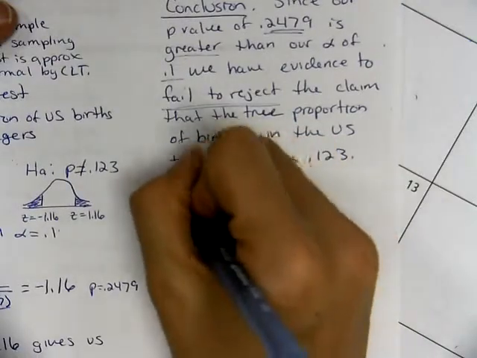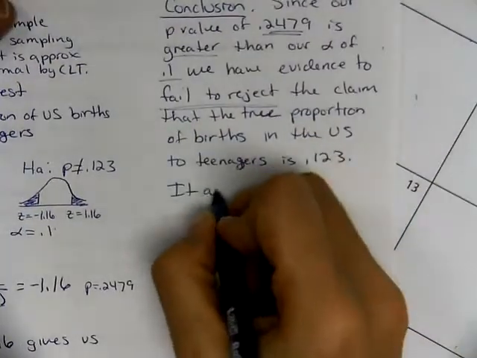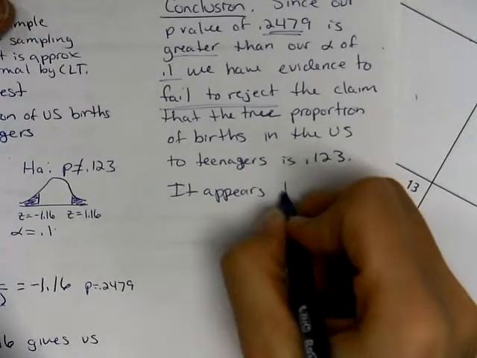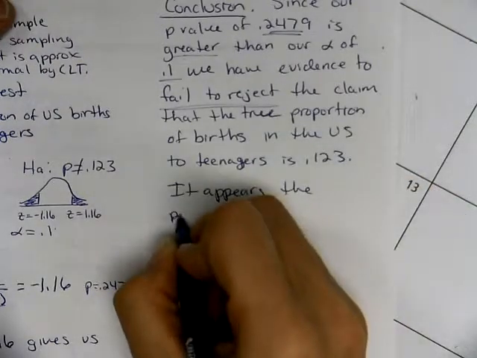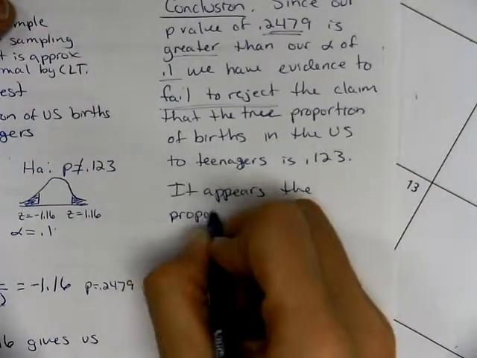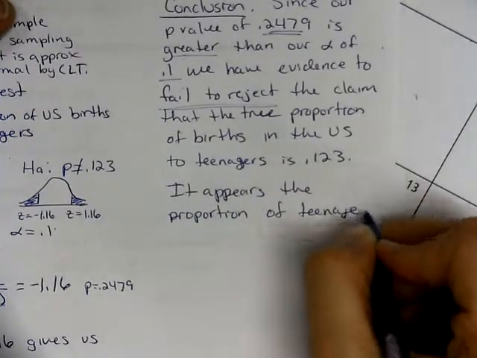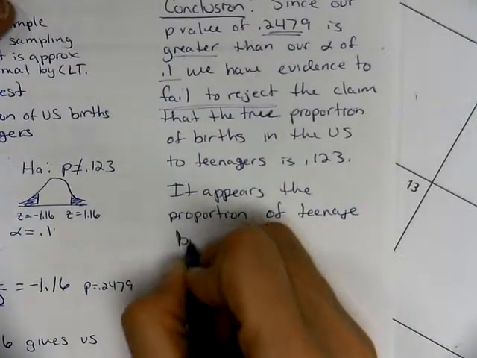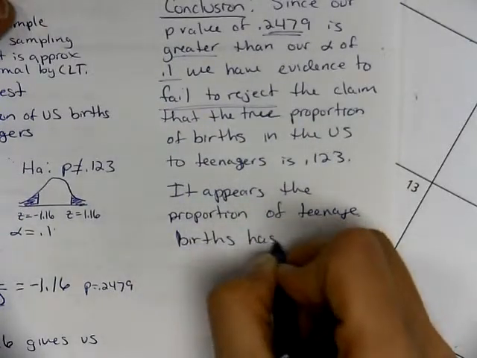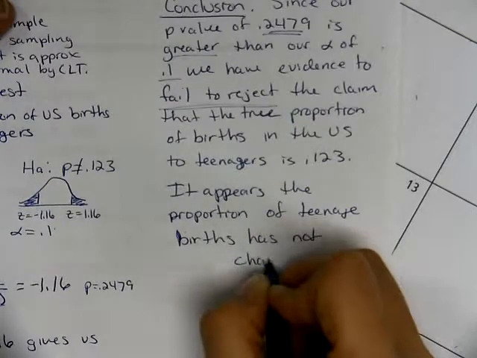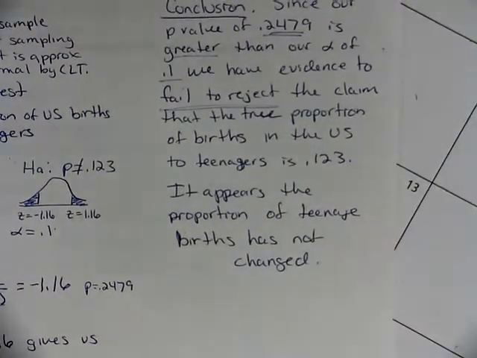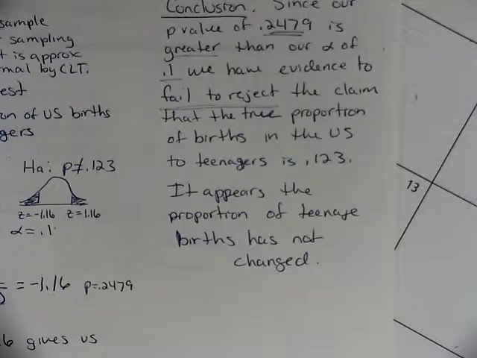So, it appears the proportion of teenage births has not changed. Okay. And we always write it appears because, again, we're taking a sample and we're basing our conclusion on a sample.